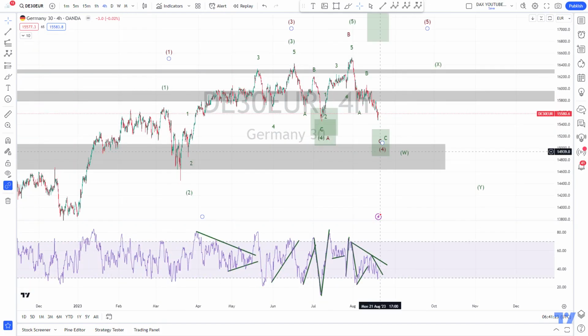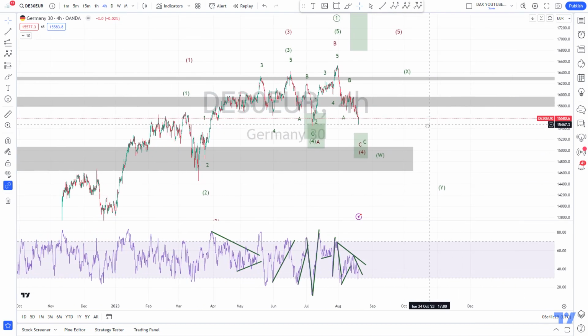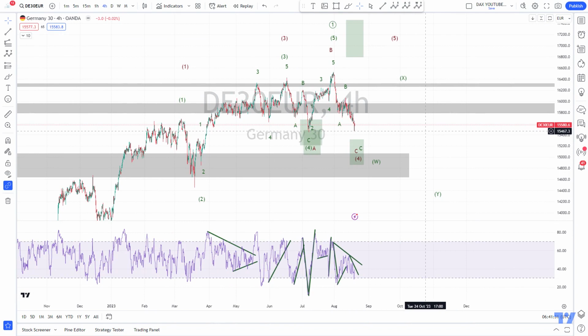So yeah, I would say more or less, if I look at the DAX alone, two equally valid scenarios, but if I put on top of this the information from the other indices, I would say wave one is in here, and we are ready to pull back.